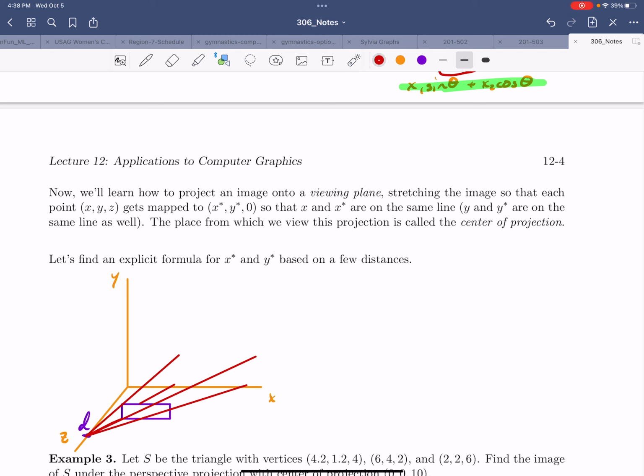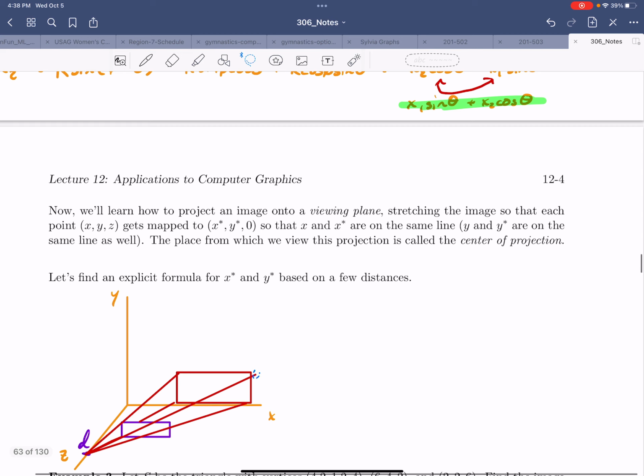It's roughly right. So this should give us another rectangle. Okay, so there's our projection.